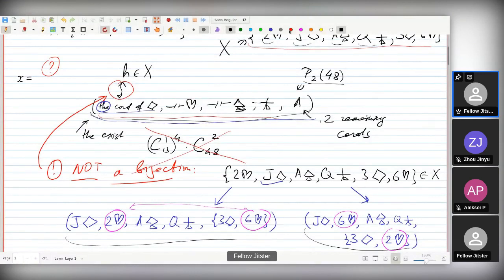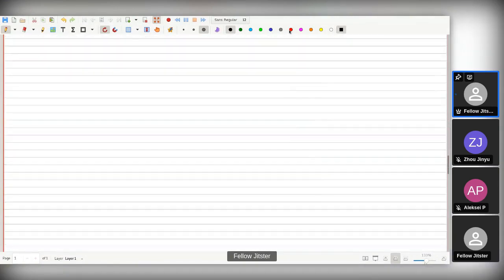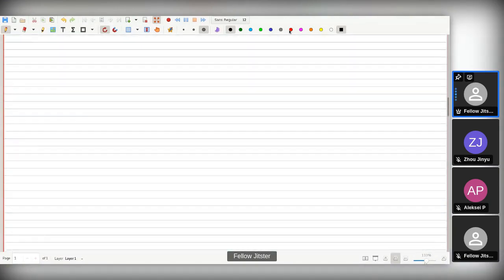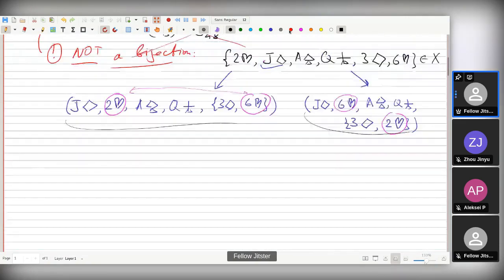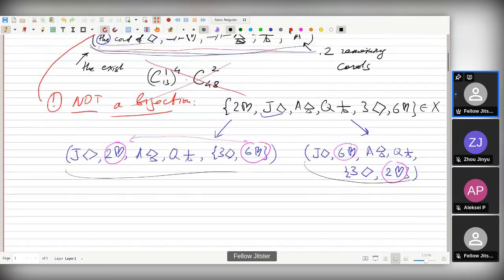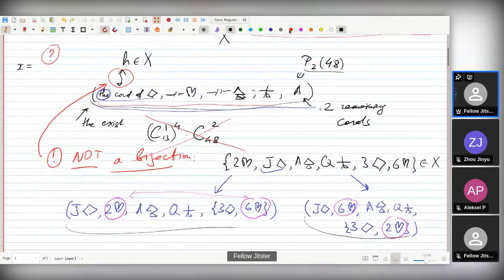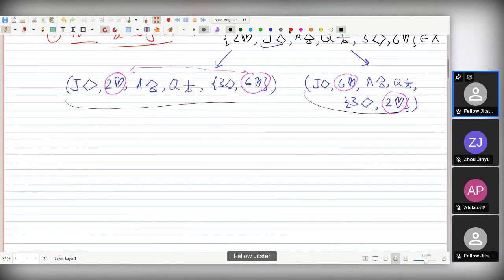But let us consider something else. First of all, let us answer the following question. How many, in general, how many cards can we take from each of the suits? I mean our hand.